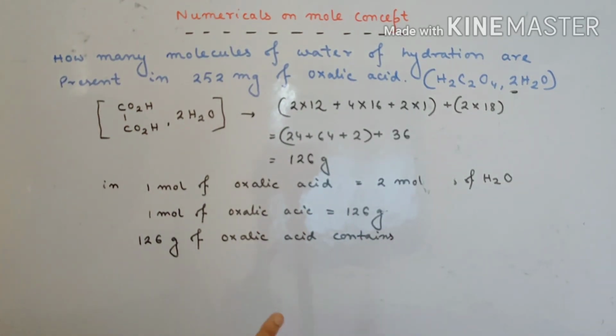as we know, in 1 mole there is Avogadro number, that is 6.022 into 10 to the power 23.